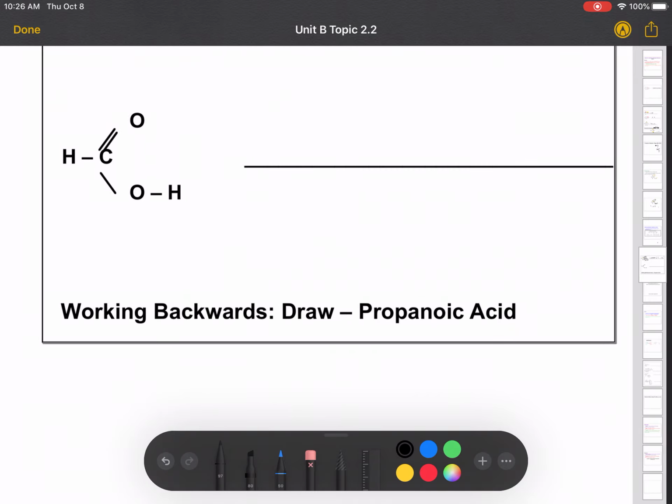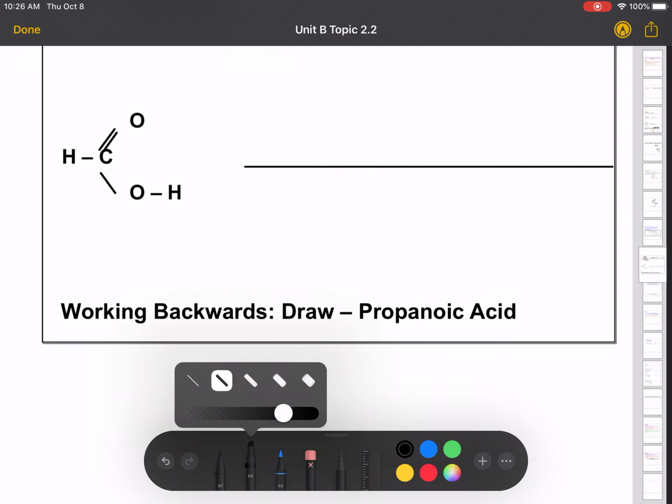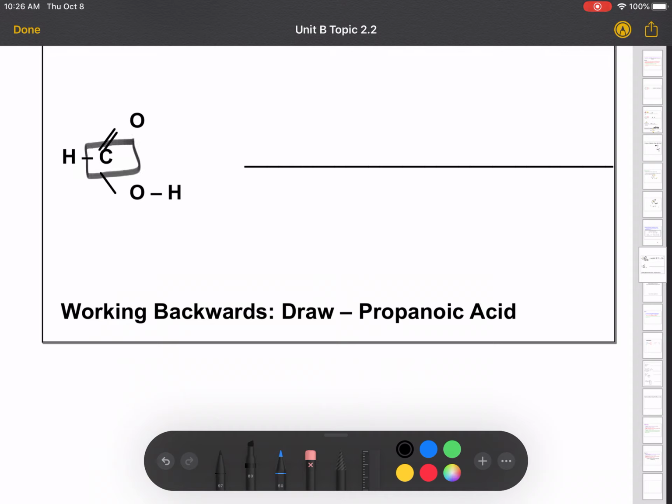The next one, there's only 1 carbon, so if we remember, 1 carbon is meth. We see that there is a double bonded O and a single bonded O on the very end.